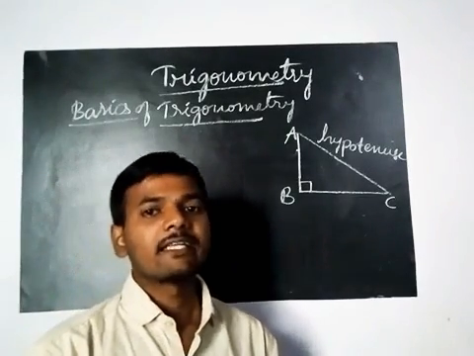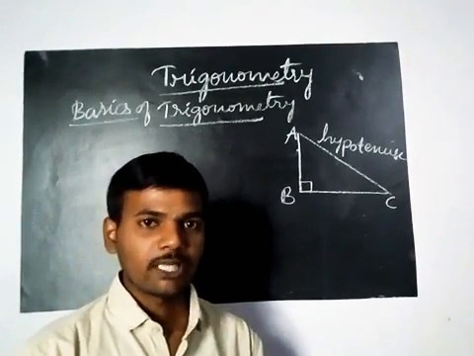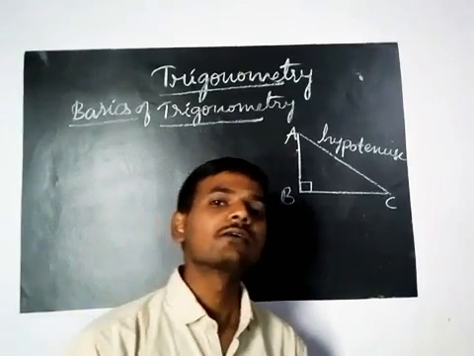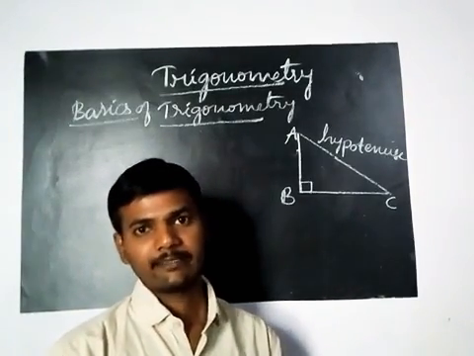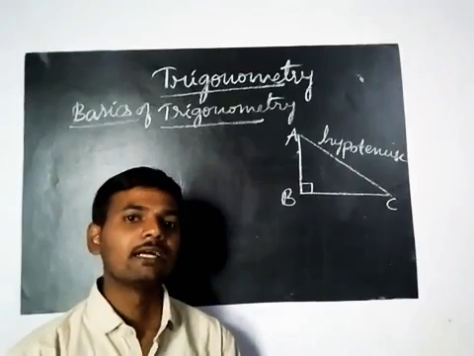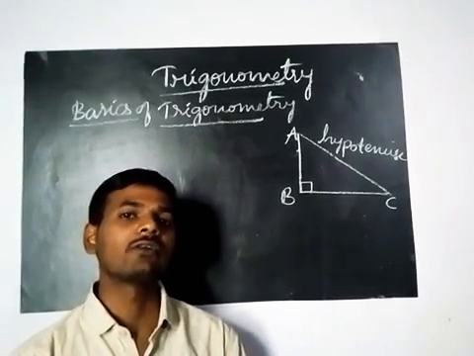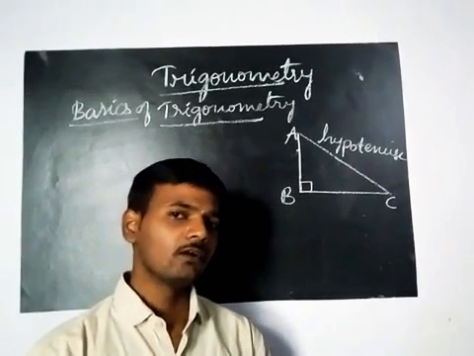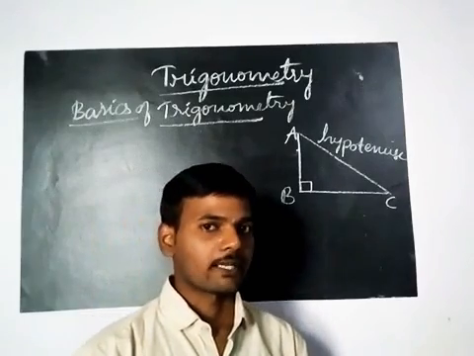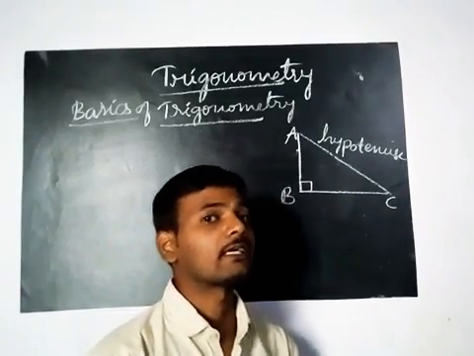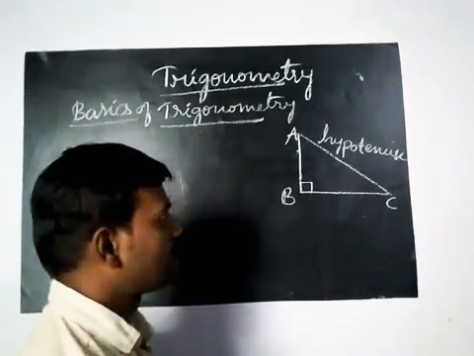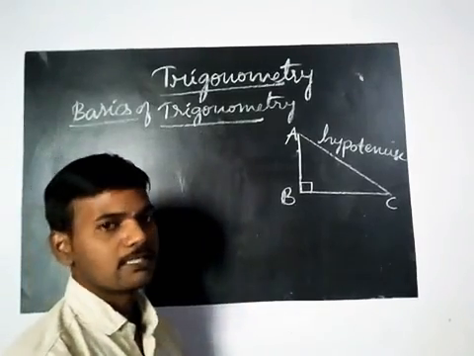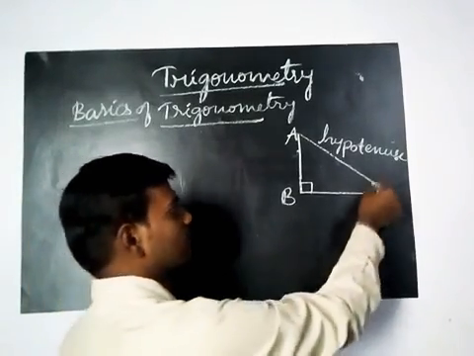Related to the acute angle theta, we are going to name the sides of the right triangle. So firstly, we have to take one of the two acute angles as theta.